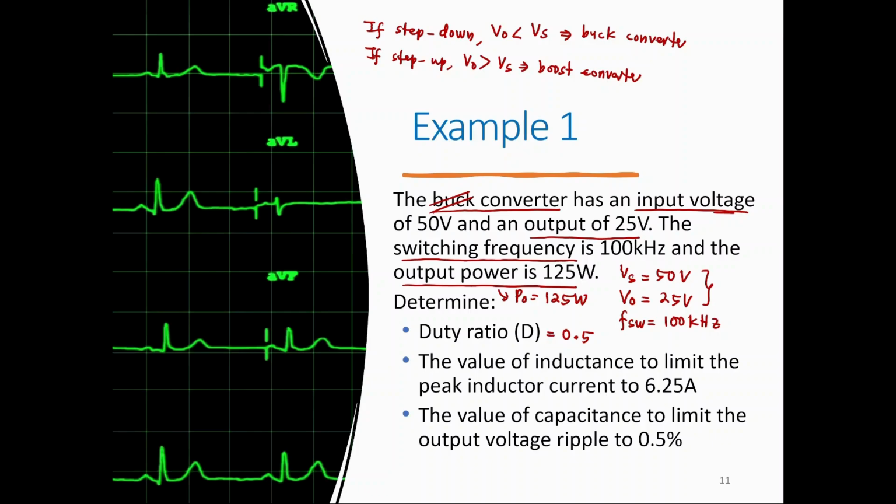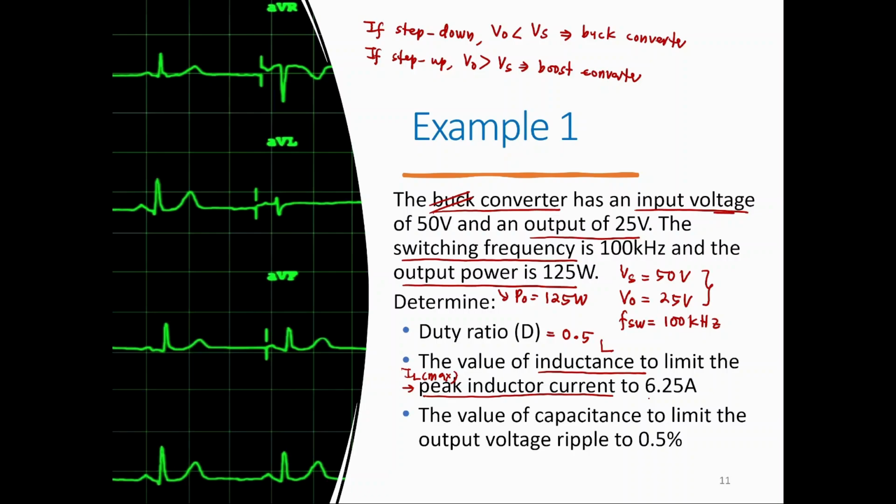Next, the value of inductor, to limit the peak inductor current. Peak inductor current over here is your IL max, peak kan. So IL max is 6.25 ampere. For this one, your L is 50 microhenry.